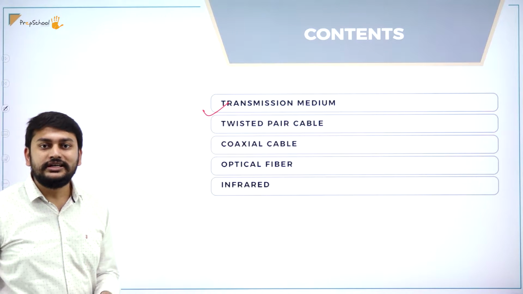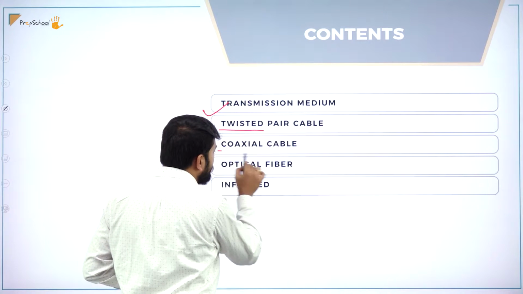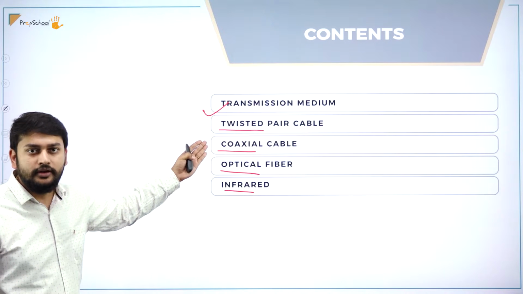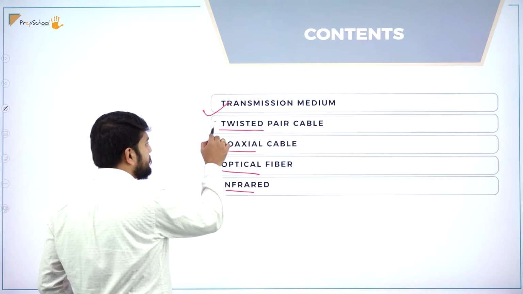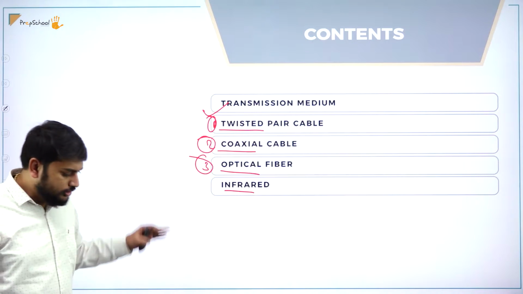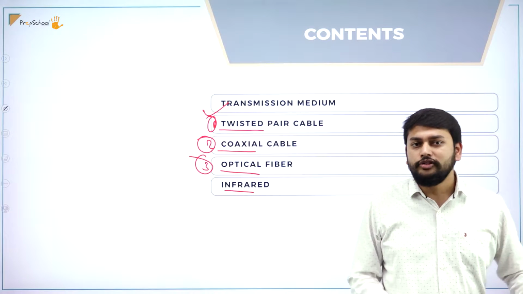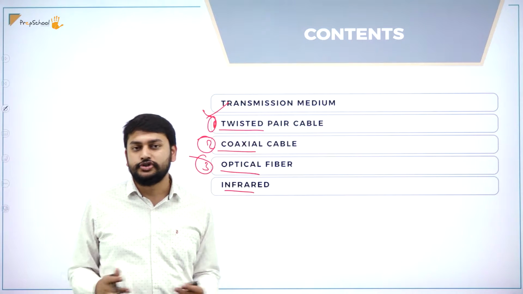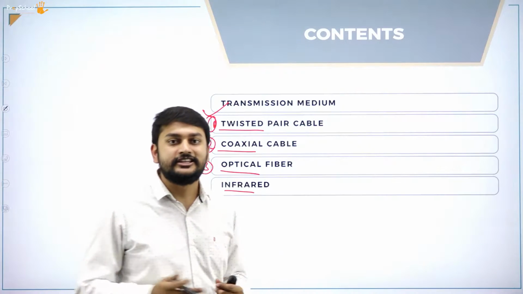After that, we have different types of transmission medium: twisted pair cable, coaxial, optical fiber, and also infrared, laser, microwave, satellite. I will be discussing those in the coming sessions. Let's understand these things in detail in this session.